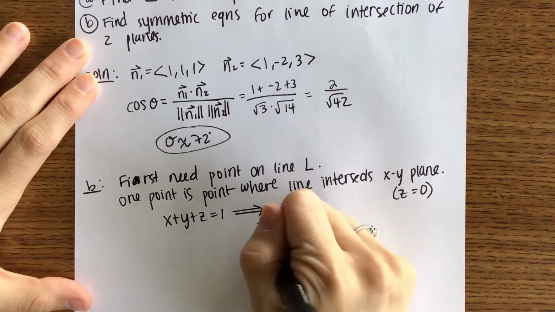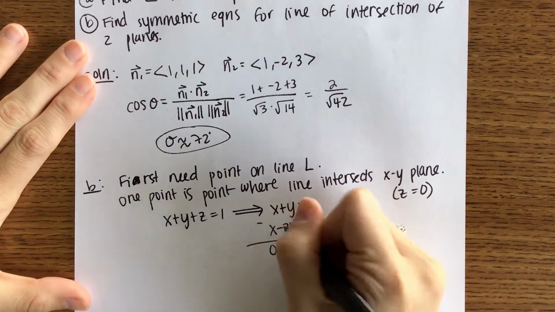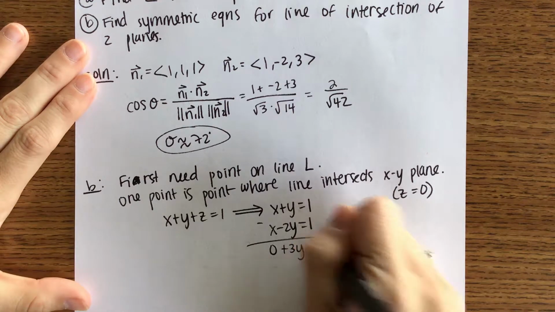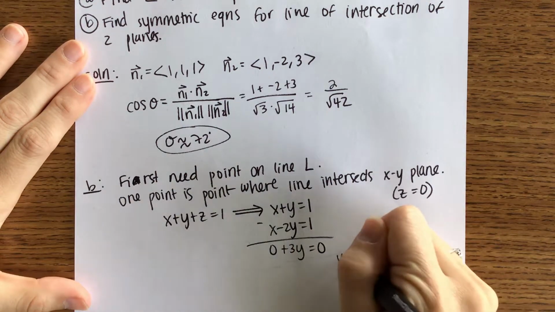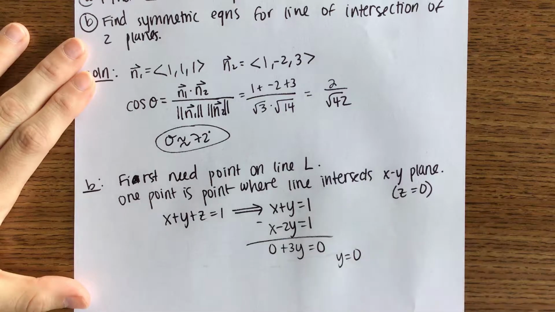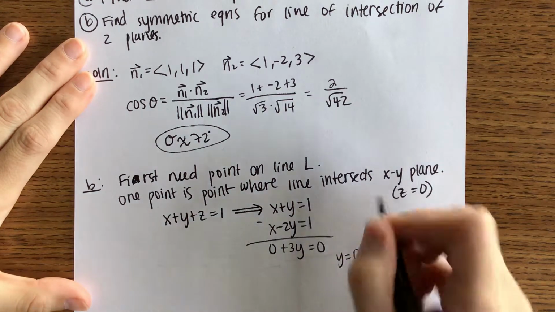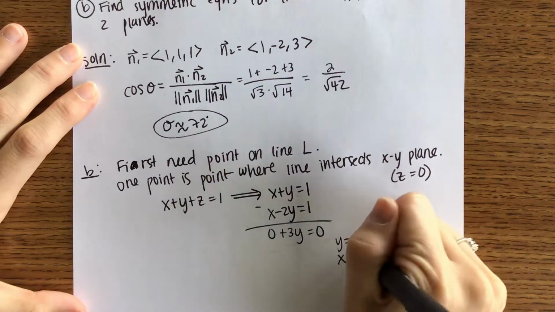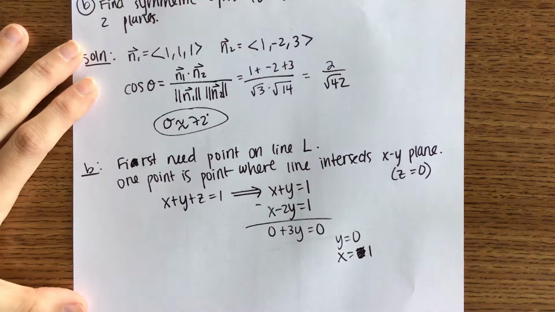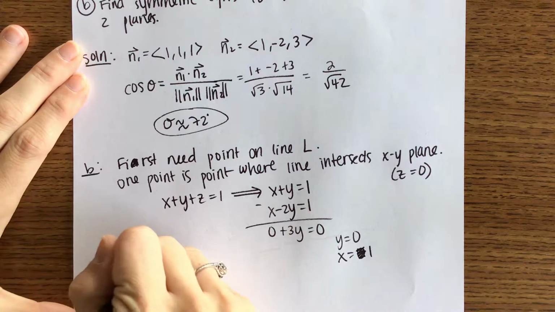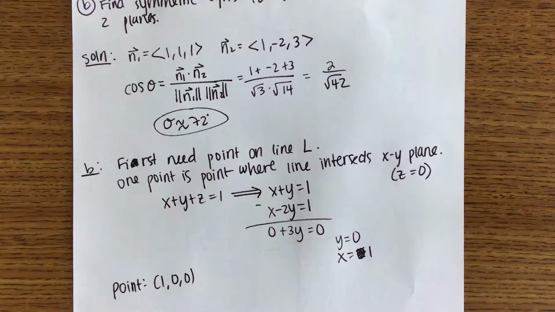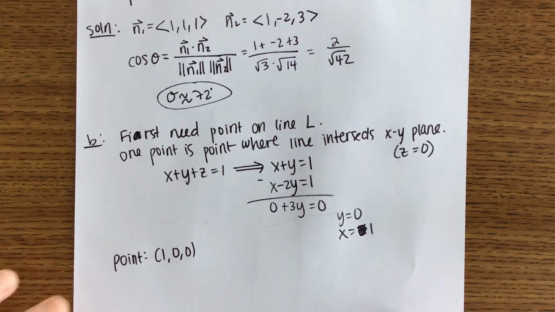So x minus x will give me 0. y minus negative 2y will give me positive 3y. 1 minus 1 will give me 0. So we get y to be 0 as well. Using either one of those equations, you get x to be, sorry, 1. So our point then that we're going to use is the point 1, 0, 0. Again, that's just one such point.